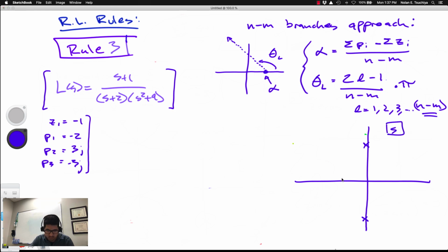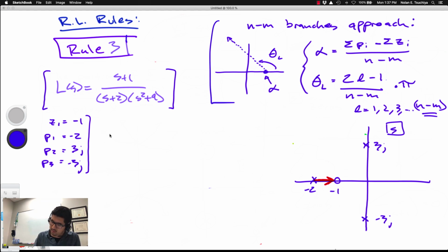We have a pole at -2 and a zero at -1, and we already know that this branch is going to start at the pole at -2 and terminate at the zero at -1. The question is, these two branches that come out of the poles at plus and minus 3j, where do they go? We're going to use rule 3 to figure that out.